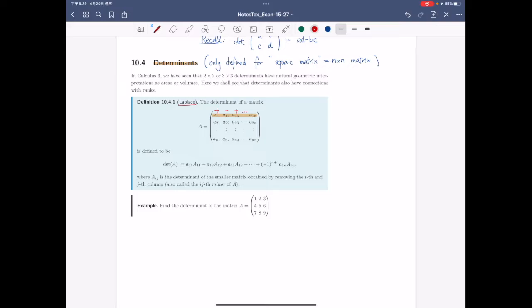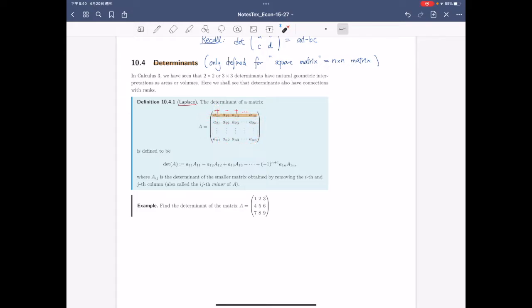Firstly, I have A11, and then plus big A11. What do you mean by big A11? Big A11 is the determinant of the matrix obtained by removing the ith row and jth column. For example, big A11 means you remove the first row and first column. Whatever you have left here, you compute a determinant.